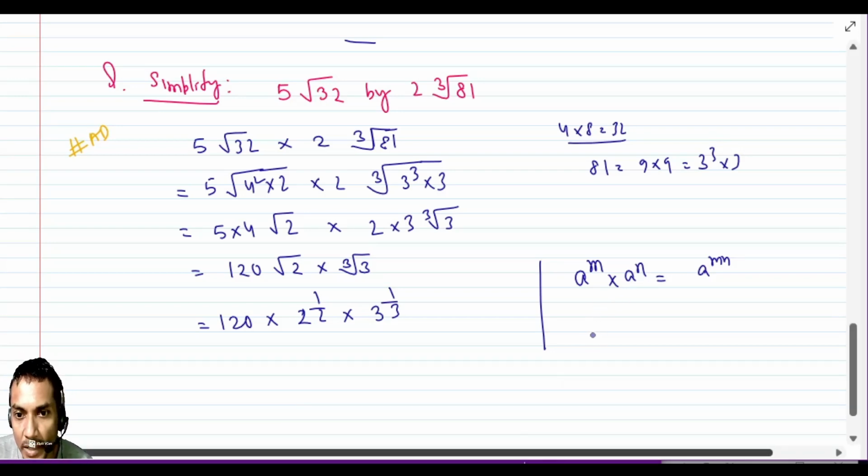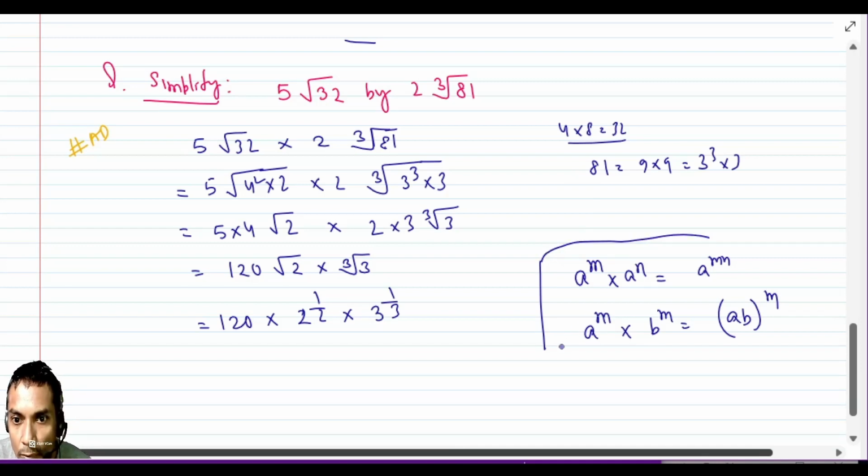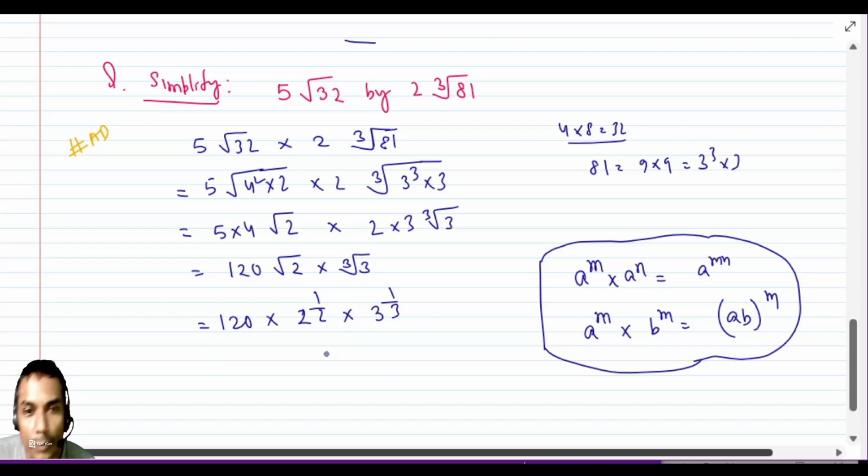But if the base is not the same but the power is the same, a to the power m, b to the power m, then you can combine it as (ab) to the power m, clear. Same rules you can apply here. So either this or this, we can't do anything because here the base is different and the power is different.